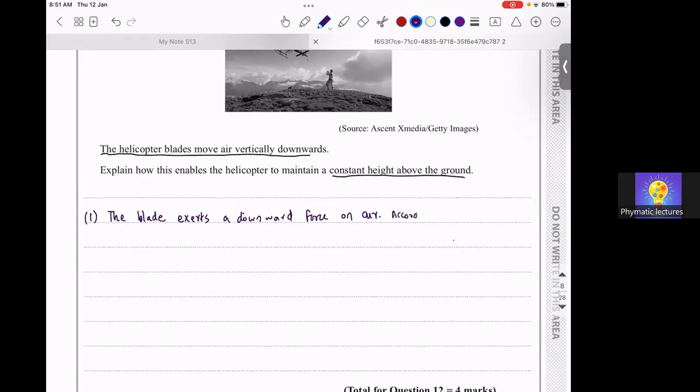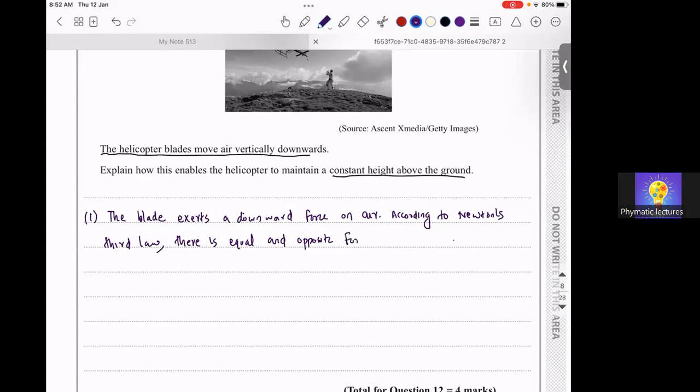According to Newton's third law, there is an equal and opposite reaction, or to get clarity, an opposite force.